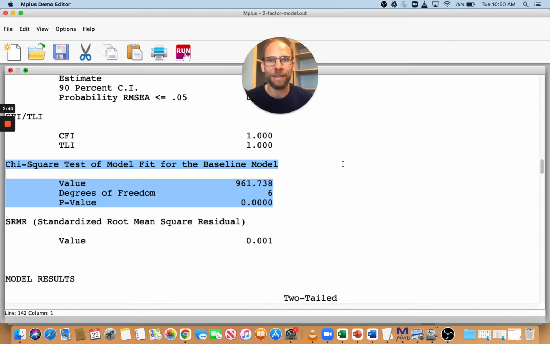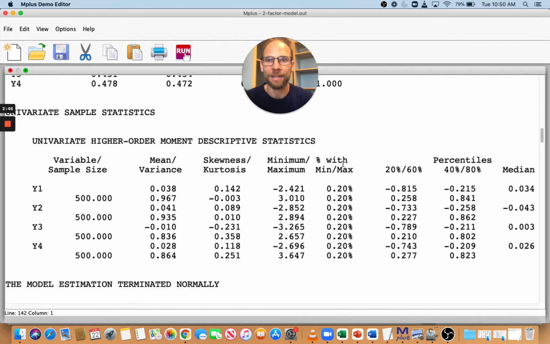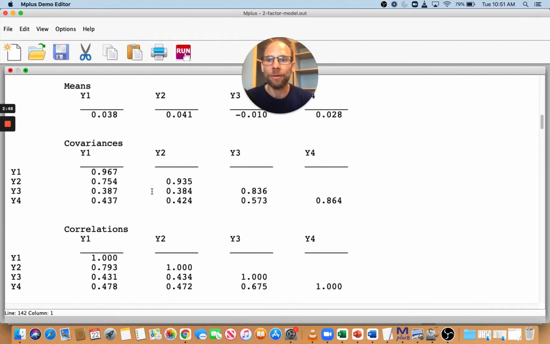If you don't believe me, then you can take a look at the descriptive statistics here. And so when you look at the observed covariance matrix for those 4 manifest variables y1, y2, y3, y4, you can see that here off diagonal we have 6 values. Those are the covariances.